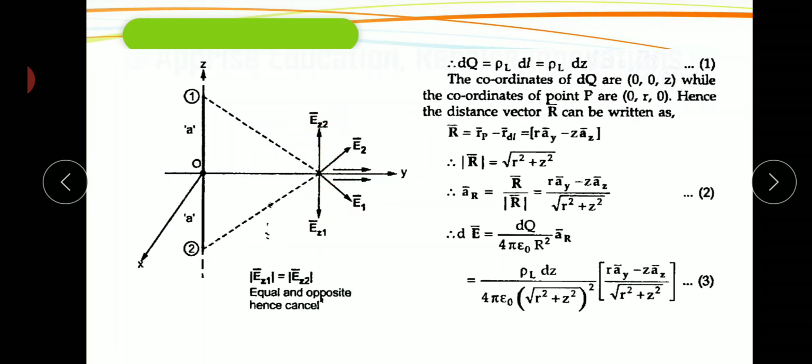Hence we have to neglect the components along the z axis. We have to take the electric field intensity along the y axis only. That means in this equation the a_z term, that is the minus z a_z bar term, is simply neglected.